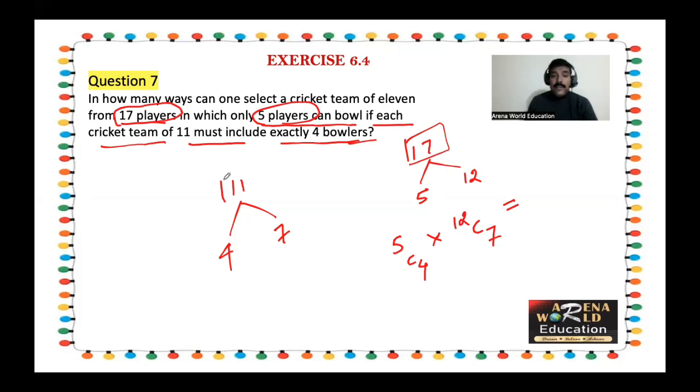So now we need total 11 players for cricket team, and out of 11, 4 must be bowlers and 7 are for other positions. So mainly we are choosing 4 from 5, right? So it will be 5C4 into 12C7. So what is the final answer, guys? It will be 3960. So in this way, you can solve question number 7.